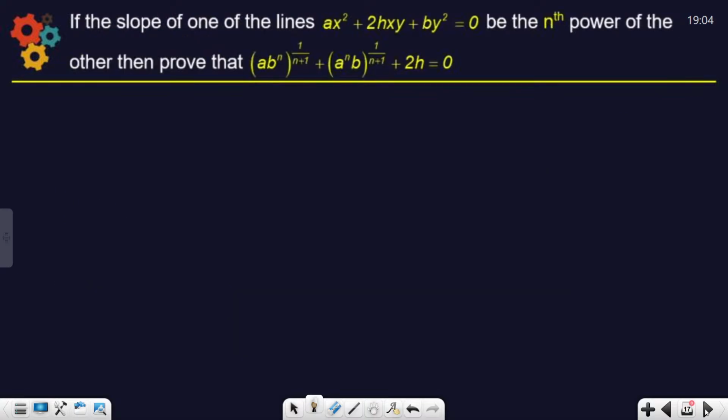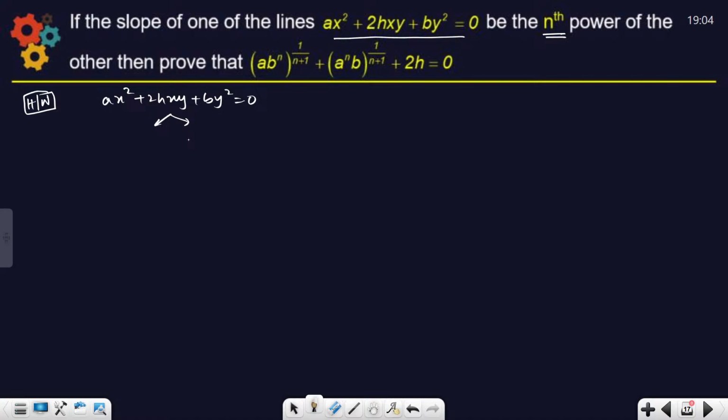See this question. Again, the same question is given. If the slope of one line be the nth power of the other. Now, this will be your homework. I'm not going to do it right now. What they have said is that this homogeneous second degree equation represents a pair of straight lines. Now it has two slopes.